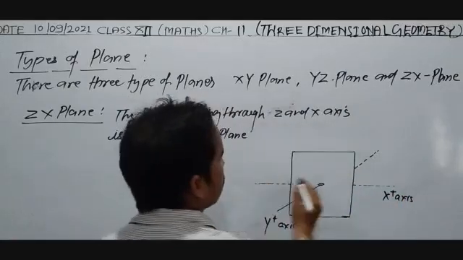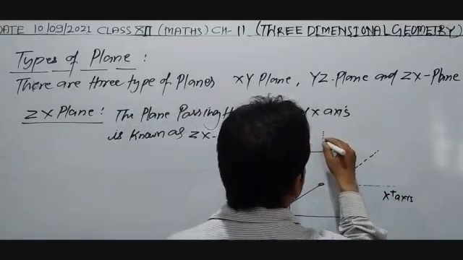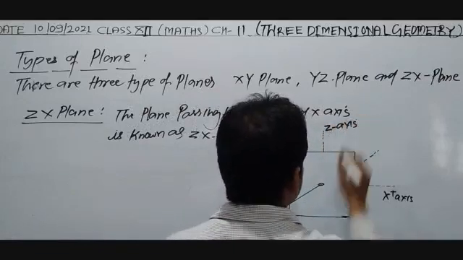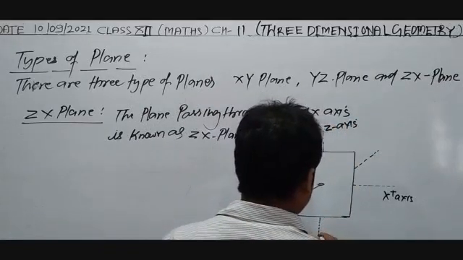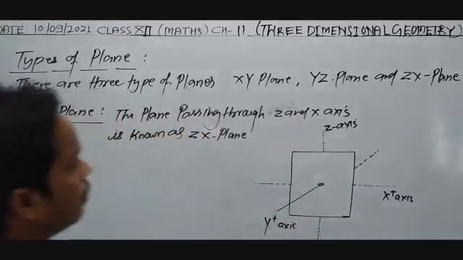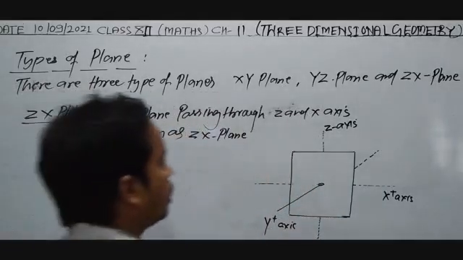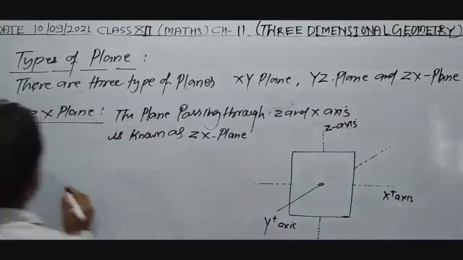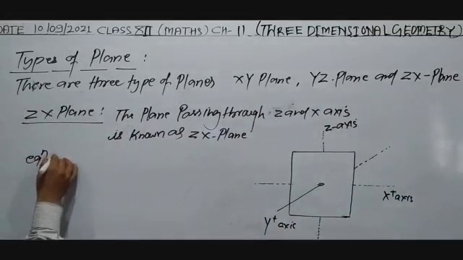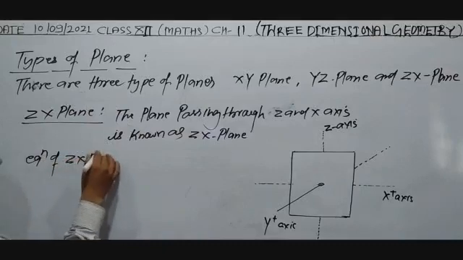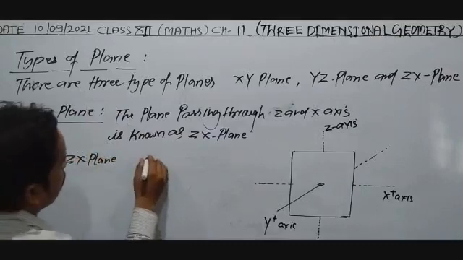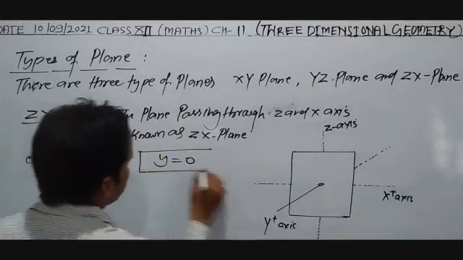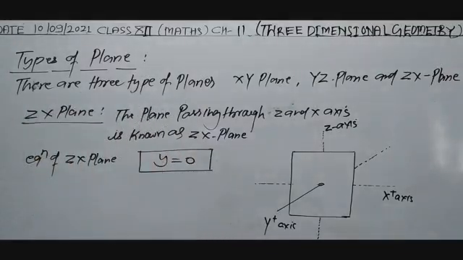And this is z axis. This is ZX plane, and the equation of ZX plane we can write y is equal to 0. This is the equation of ZX plane.